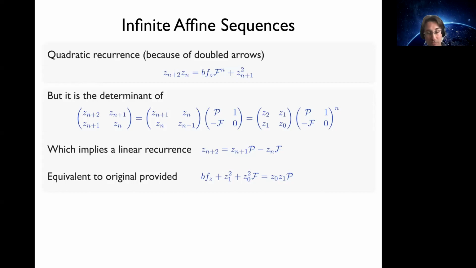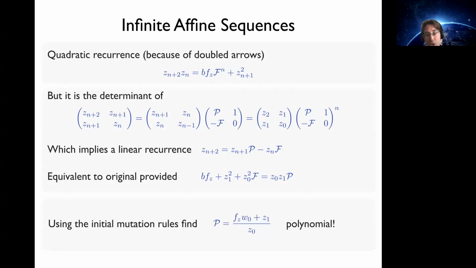And that rule obviously implies a linear recurrence amongst our same set of A coordinates. Z_{n+2} is Z_{n+1} P minus Z_n F. And it's equivalent to our original quadratic recurrence as long as P satisfies this relation that I've written at the bottom here.